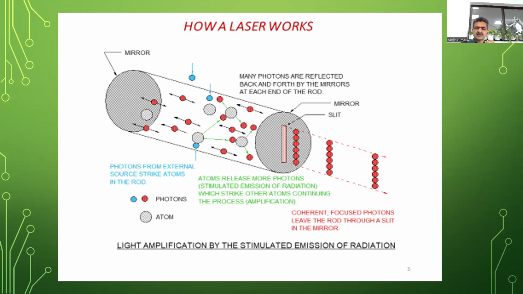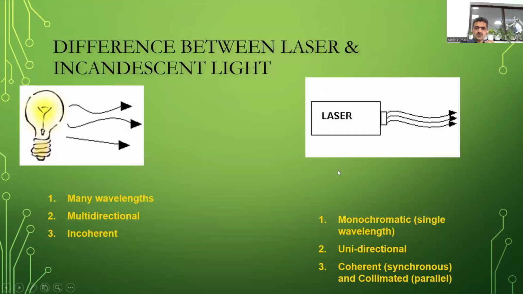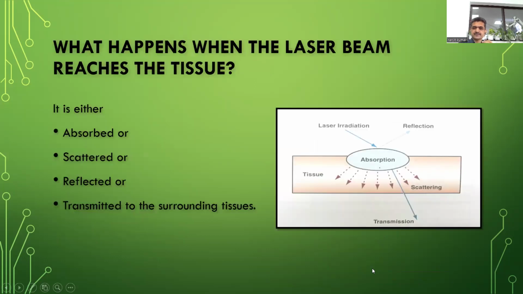Then there is a small slit opening in the mirror through which a beam of radiation passes out. There is a difference between an incandescent light and a laser beam. Incandescent light has many wavelengths, is multi-directional and incoherent, whereas a laser beam is monochromatic with a single wavelength, unidirectional and coherent.